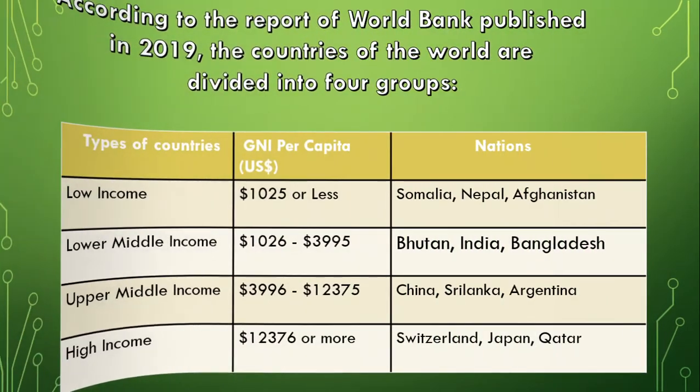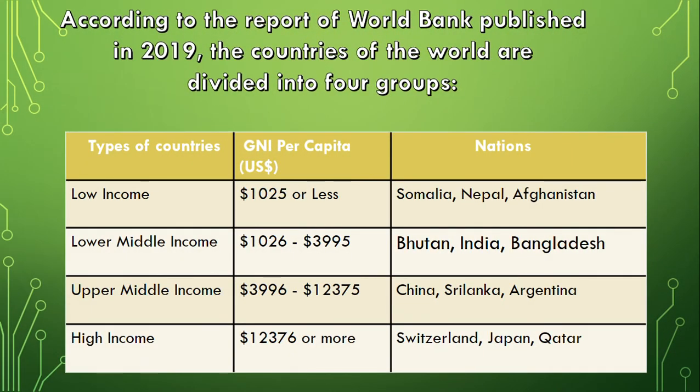Now let's move forward. Here is the report according to the World Bank that was published in 2019. From recent years, the World Bank has started to categorize the countries into four groups on the basis of GNI per capita. Let us look at them.